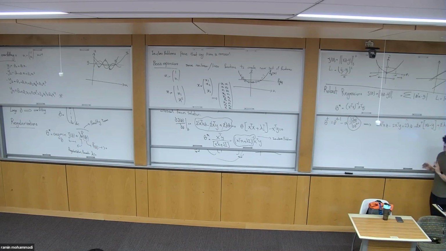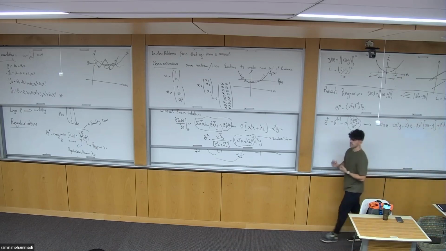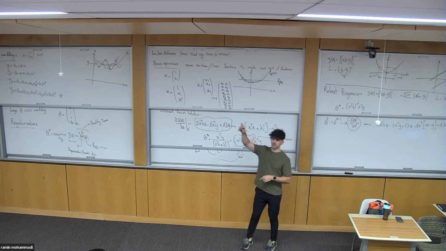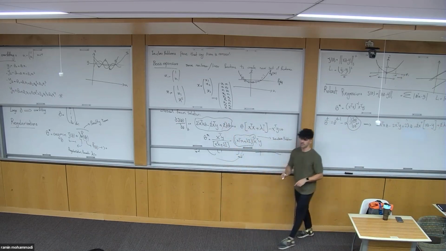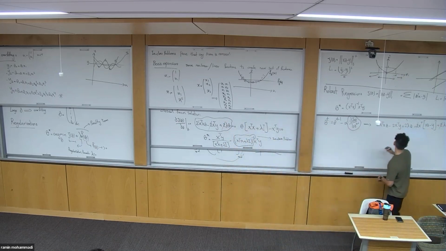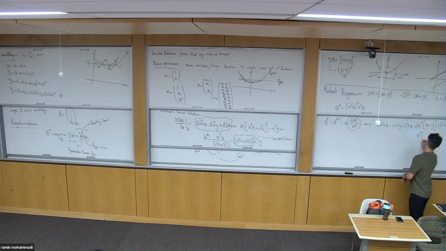Technically, when you want to prove this, remember that the 2 comes from taking norms to the power of 2, so you need to put 1/2 behind it so they cancel each other. Just keep that in mind. So I have X transpose times (X theta minus y) plus lambda times theta.